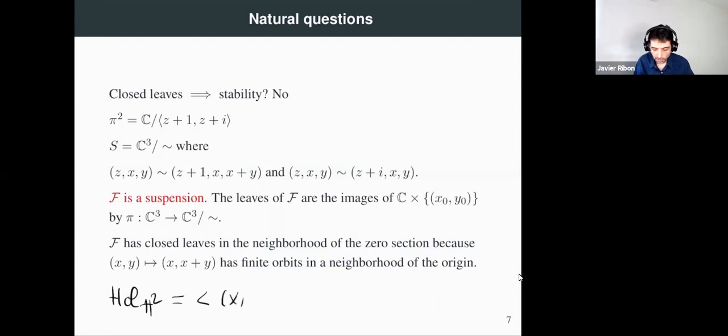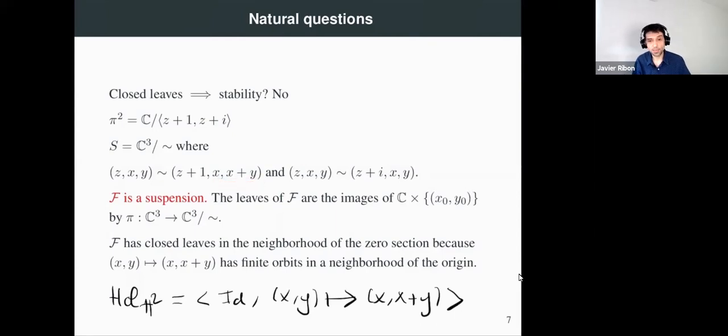The first one is the identity map. It's this one over here. This is the identity map, sorry. And the second one is a linear map that sends (x, y) to (x, x plus y), which is here.